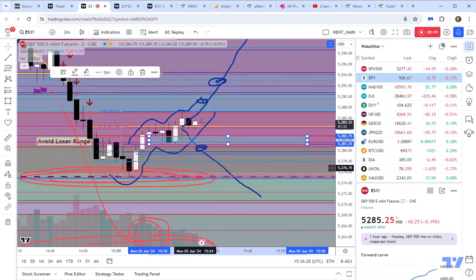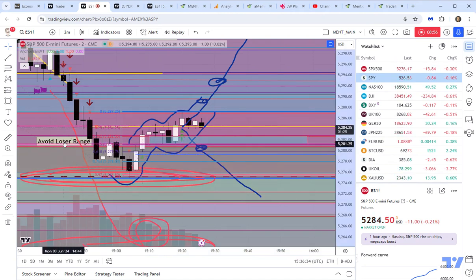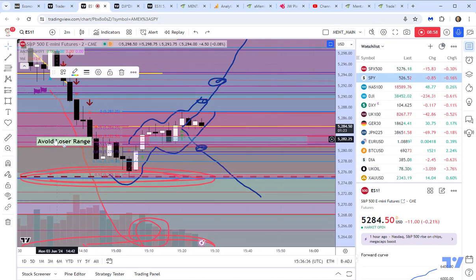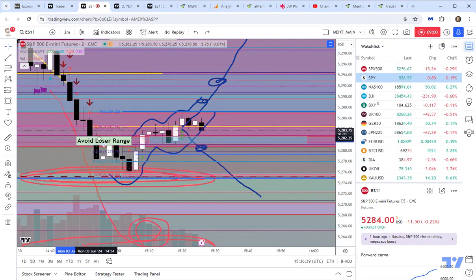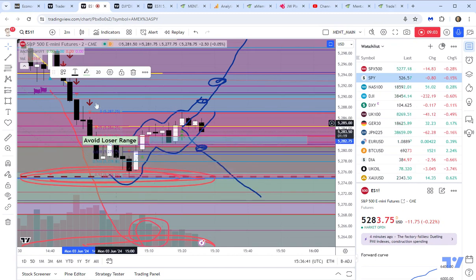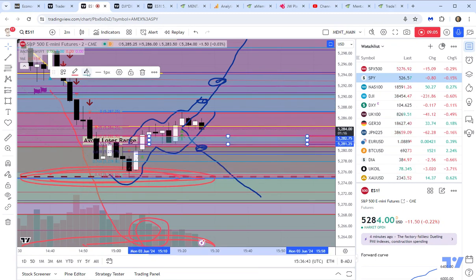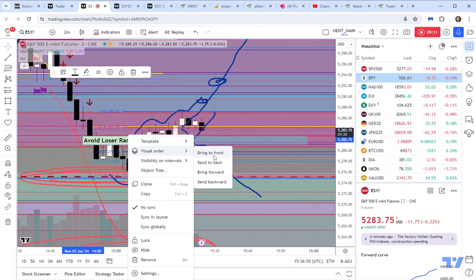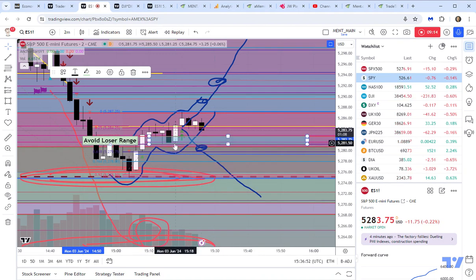Notice that that is a little bit above our zone of the avoid loser range, and it is well within the support zone that we have here. This is really where our support should be. So this is approximately where we should have our stop.